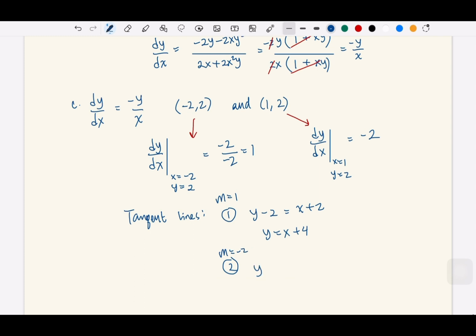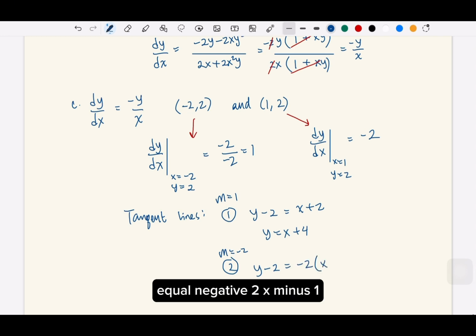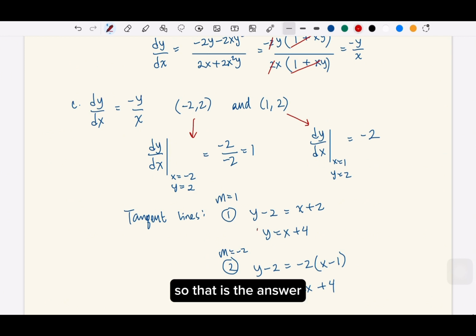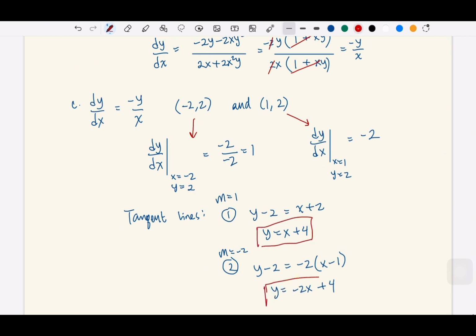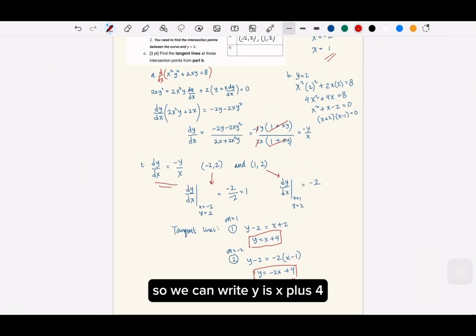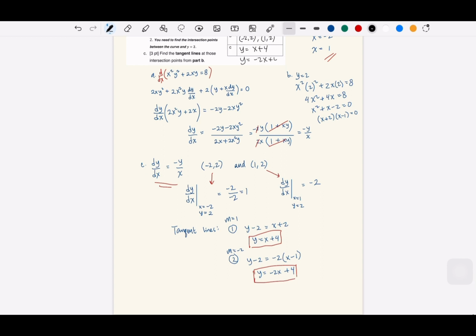So y minus 2 equal negative 2, x minus 1. So y is negative 2x plus 2 plus 2, so plus 4. So that is the answer. So we can write y is x plus 4 and y is negative 2x plus 4.